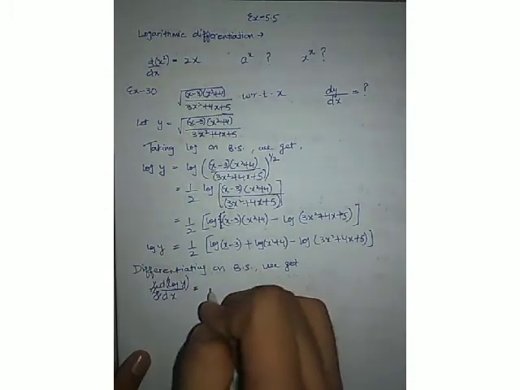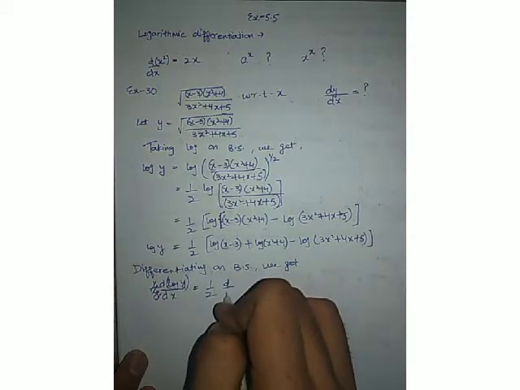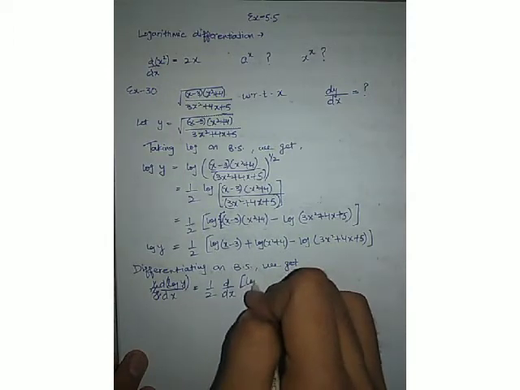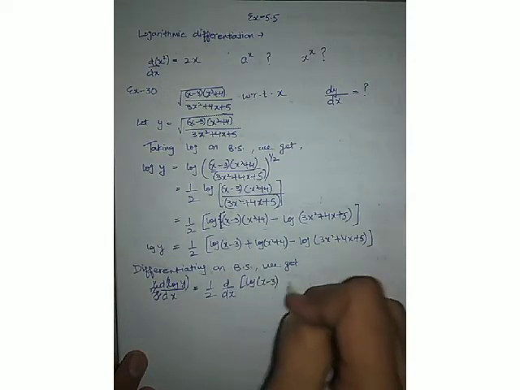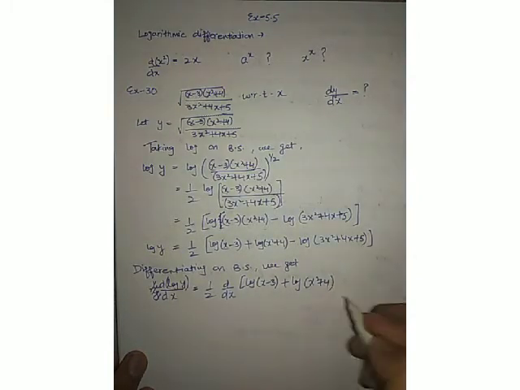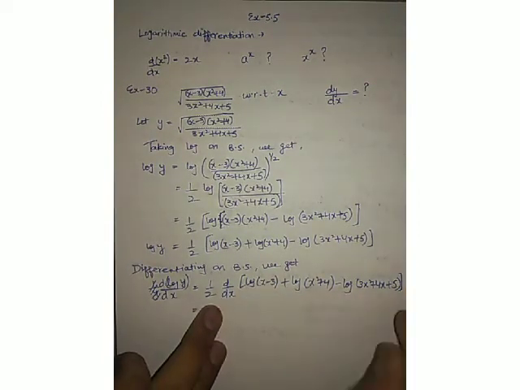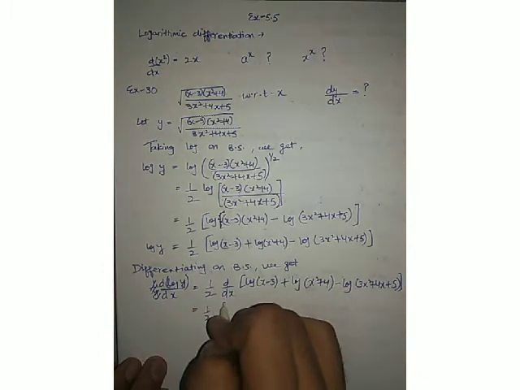1 by 2 is constant, so it will be out of the differential, so 1 by 2 d by dx of log x minus 3 plus log of x square plus 4 minus log of 3x square plus 4x plus 5. Clear? Now just multiply the differential to each and every function. 1 by 2 will remain here only.